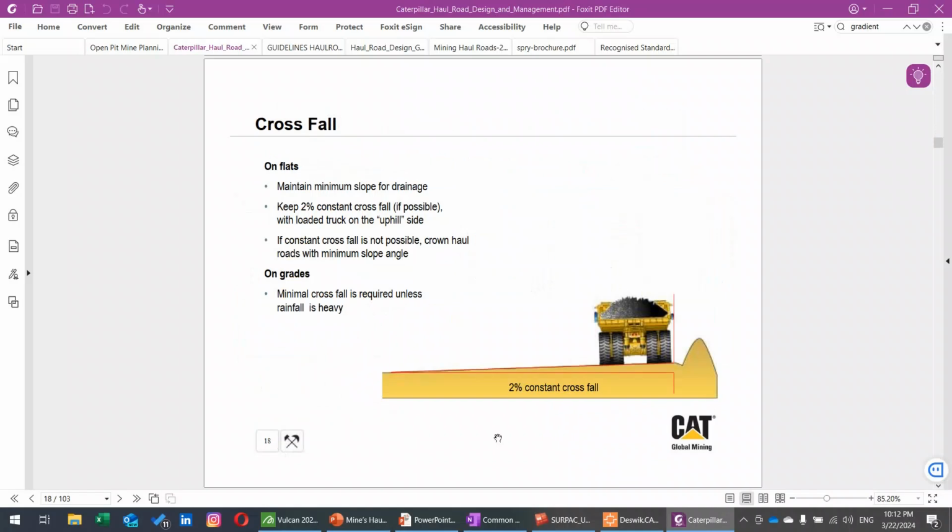After this page, that's simply saying about crossfall, as I showed you earlier in that slide. This is a one-side crossfall, and it suggests that on grades, minimal crossfall is required, and it should be avoided unless rainfall is heavy in that mine.